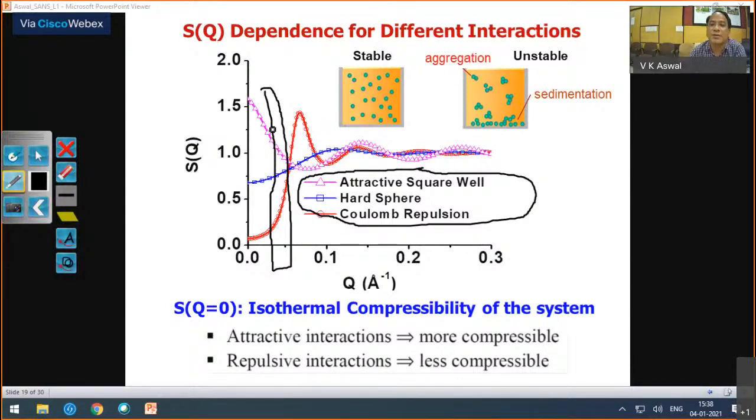Very important, because many times you have colloids, medicines and colloidal products like paint, where there is an expiry date written on them. So what is the concept? They will be stable as long as the particles are repelling.